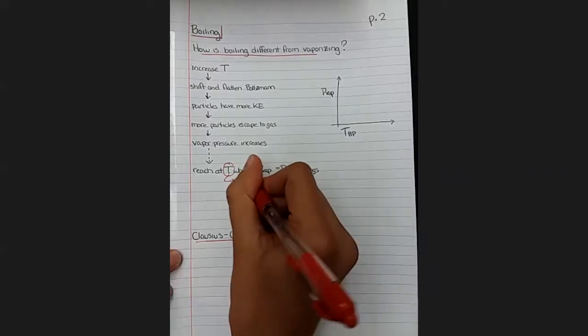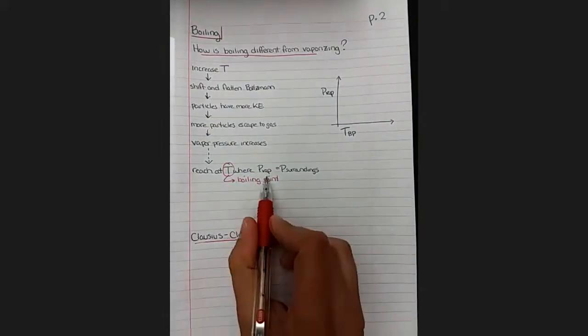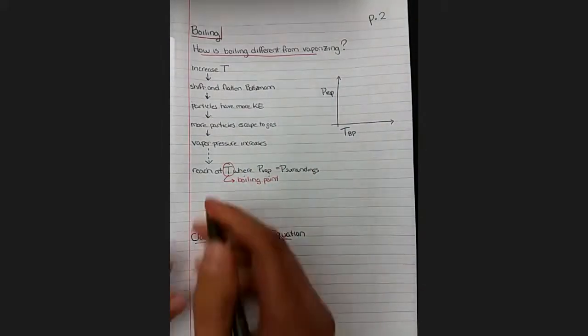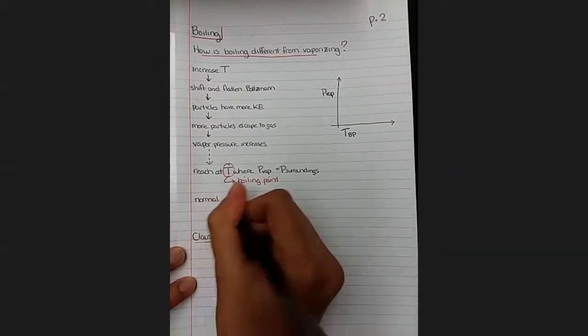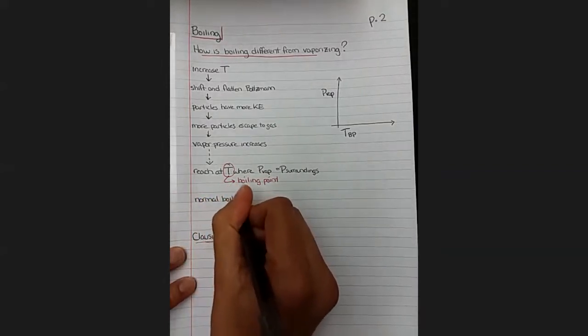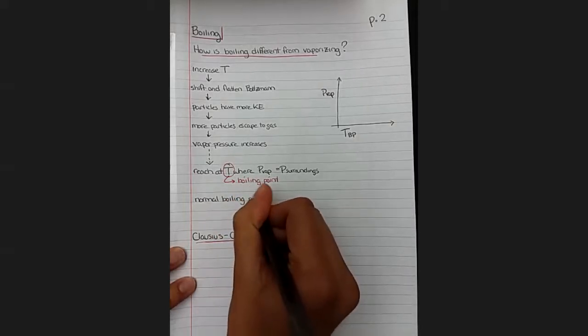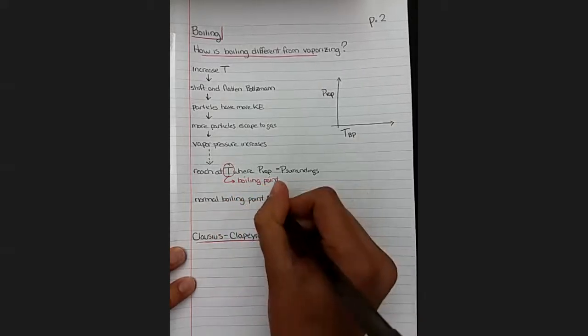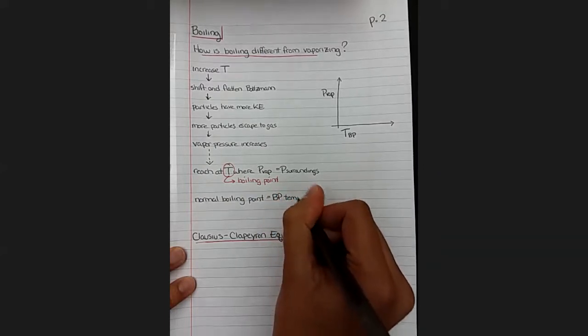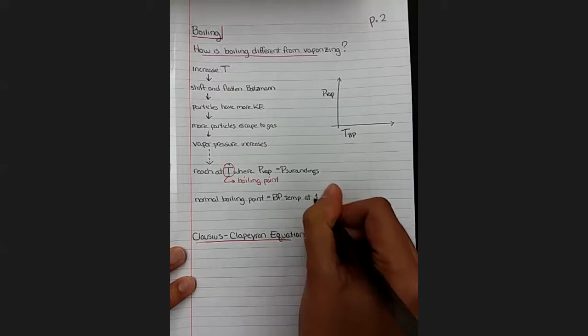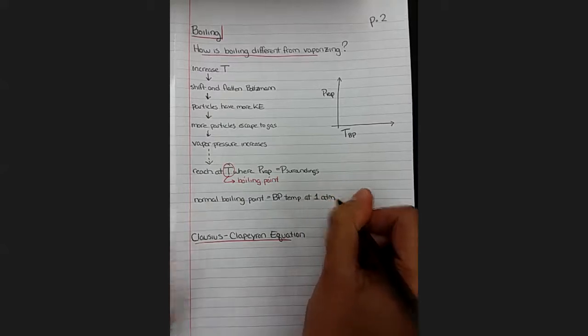So boiling is a type of vaporization that has specific pressure requirements. When we use the phrase boiling point in everyday life, what we're really referring to is the normal boiling point. Normal boiling point is the temperature of boiling at room pressure, which is defined as 1 atmosphere.